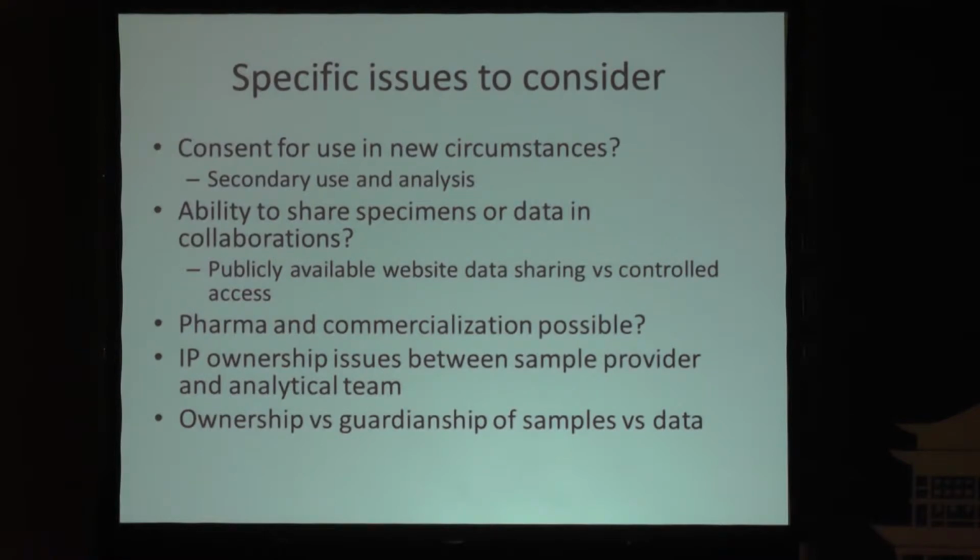And finally, a very big thing that has been coming up in both North America and also in Europe, and I'm sure will happen in Asia, is once you have found relationships in precision medicine, then who actually owns the data and who actually owns the sample? Is it the patient? Is it the physician who actually recruited the patient? Is it the study itself? Is it the pharma company that's supporting it? Or is it, let's say, a large registry that's doing it? And those things are still being sorted out right now.